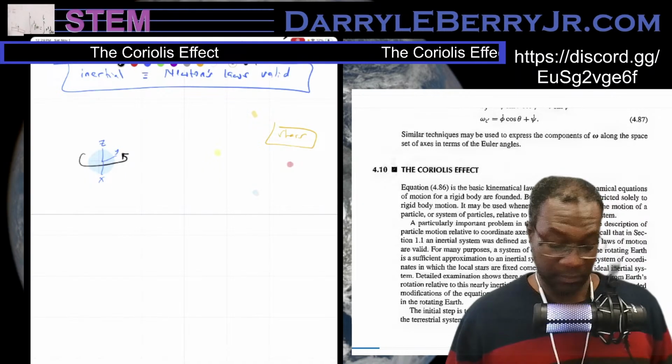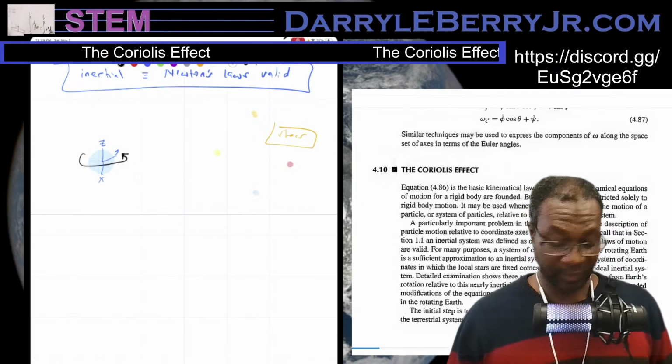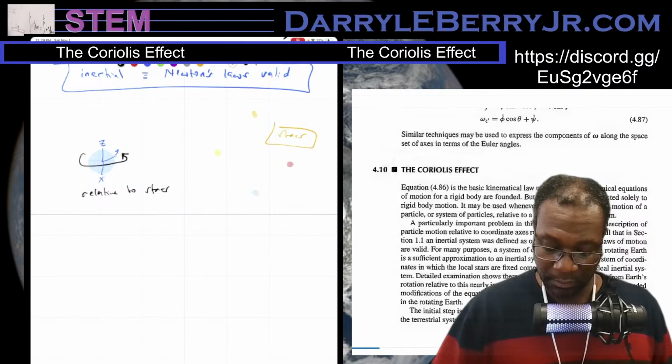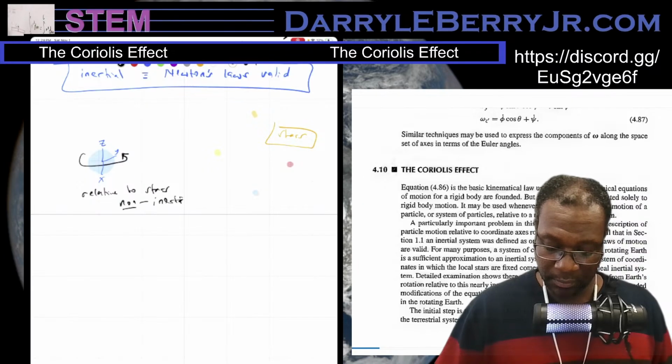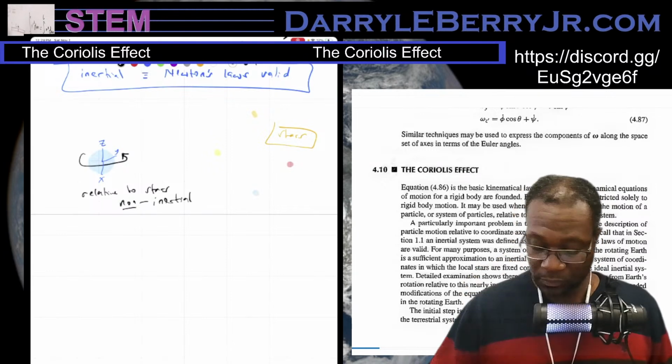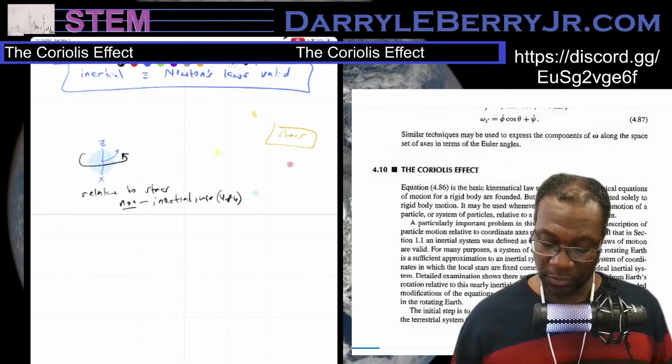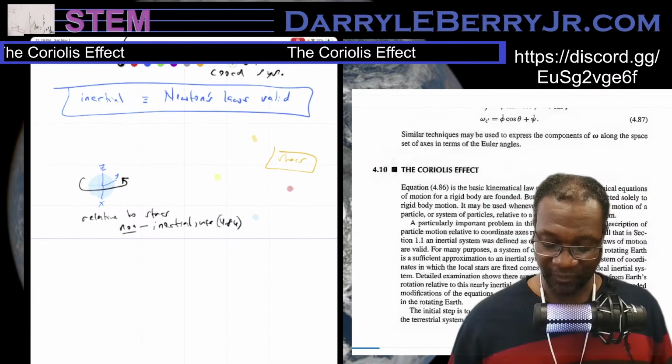So now relative to the stars, it's non-inertial. So we have to use 4.86 to adjust the equations of motion relative to the stars.